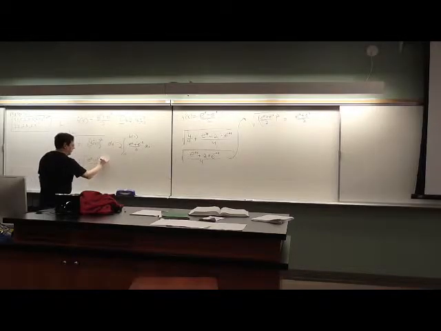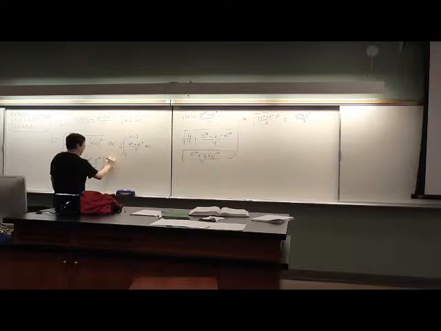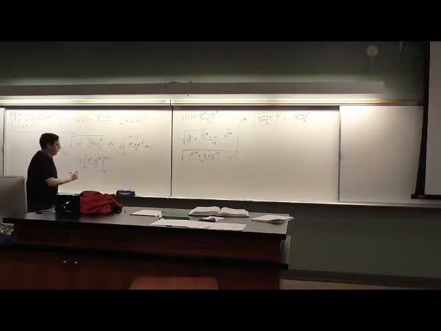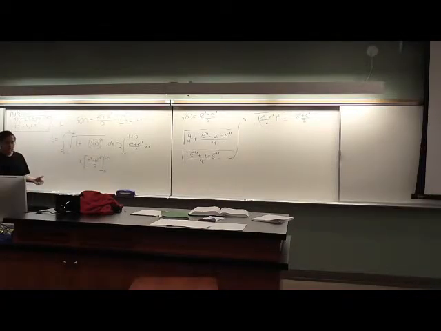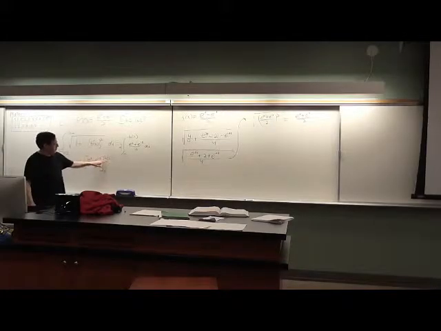Let's keep our 2 here, and this goes from 0 to the log of 2. Now, I hope those of you who have forgotten your 48C logarithms have reviewed enough to know that e to the natural log of 2 is just 2.